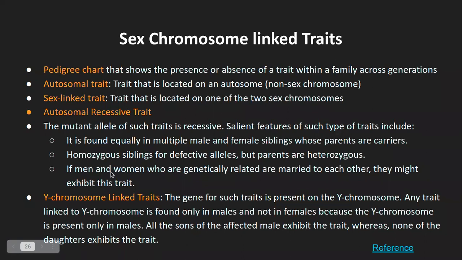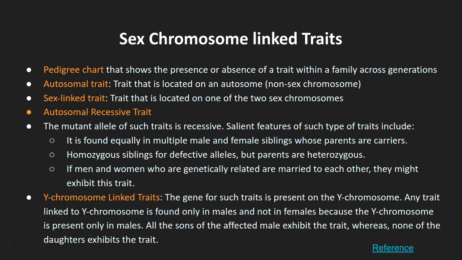That is what this third point says. If a man and woman who are genetically related are married to each other, they might exhibit this trait. Might, because it is a possibility of the combination, but they will have a higher chance than if they are married to a distant relative.